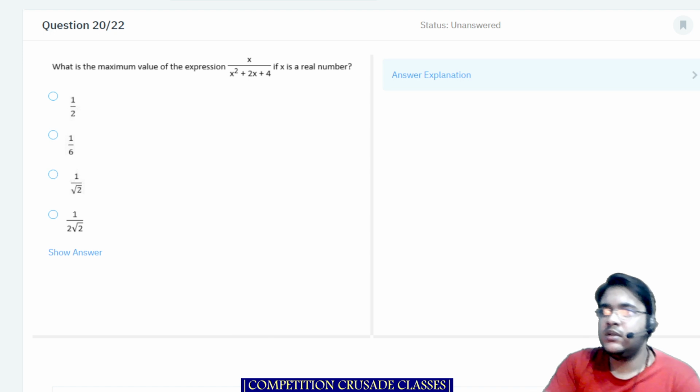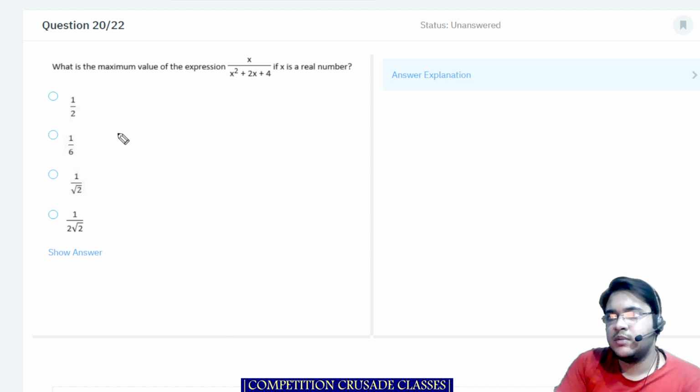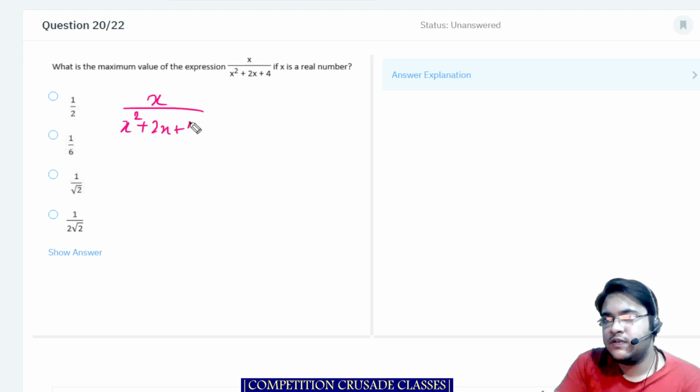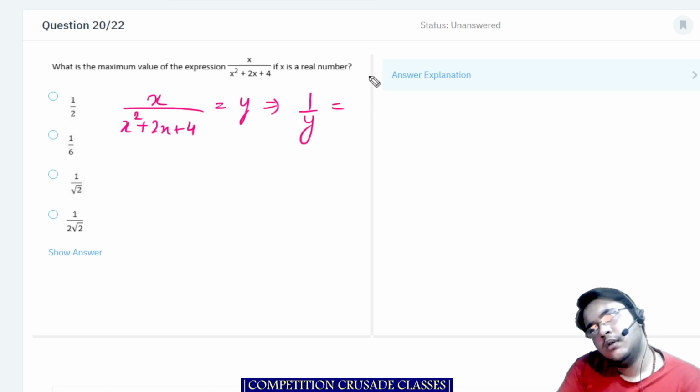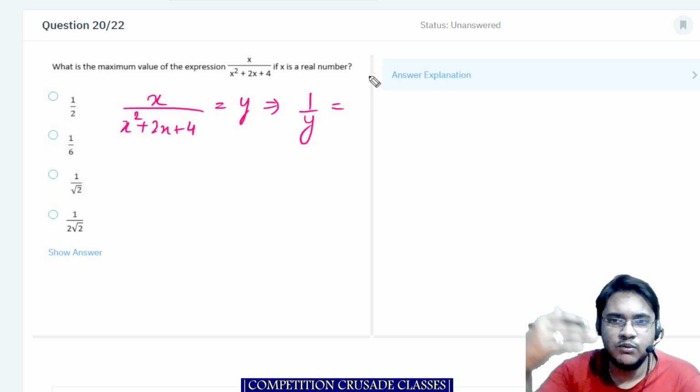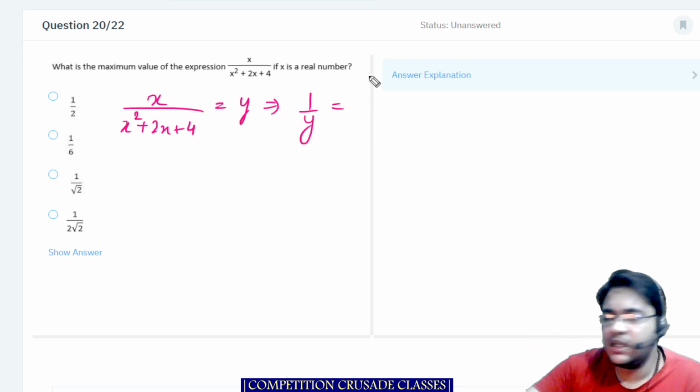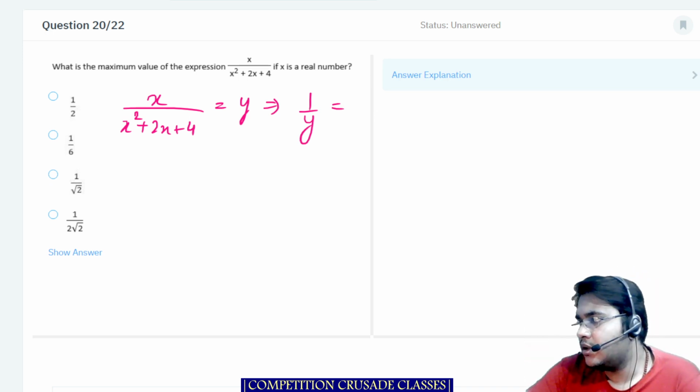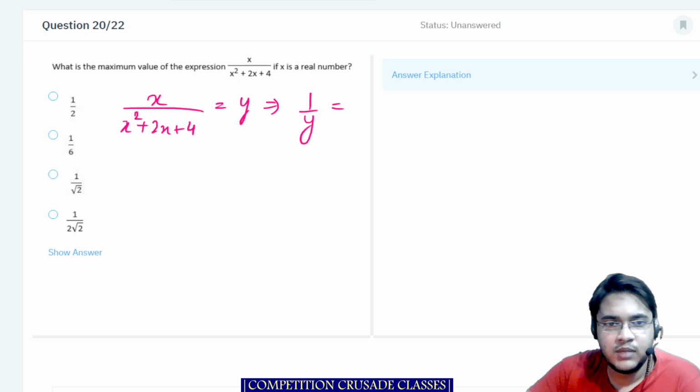What is the maximum value of the expression? This thing. So suppose I take x by x square plus 2x plus 4 as y, and if I invert, 1 by y will be equal to... See, why is it that I'm inverting? Okay, so I should not waste my space.